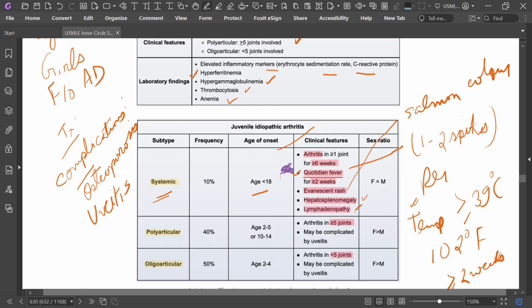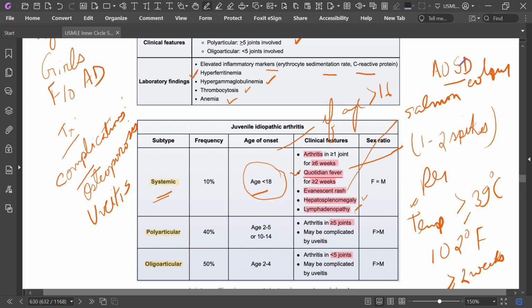The age should be less than 18. If the age is more than 16 and the features look like systemic JIA, it is referred to as adult-onset Still disease.